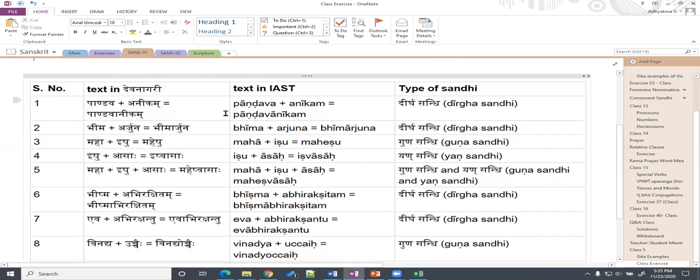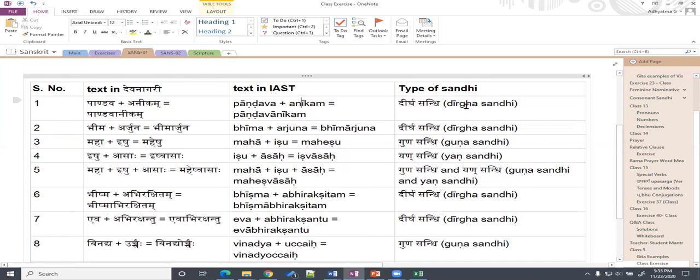So here, if you see Pandava plus Anikam, Pandavanikam. Pandava is the name of the son of Pandu, basically the side of the sons of Pandu. Anikam is army. So Pandava Anikam means the army of the Pandavas.